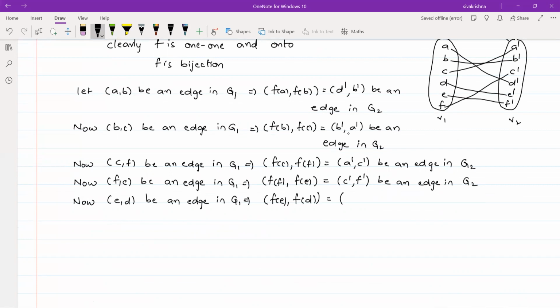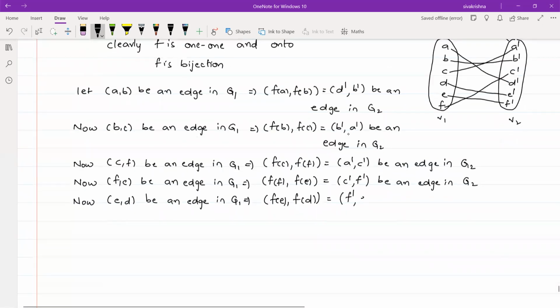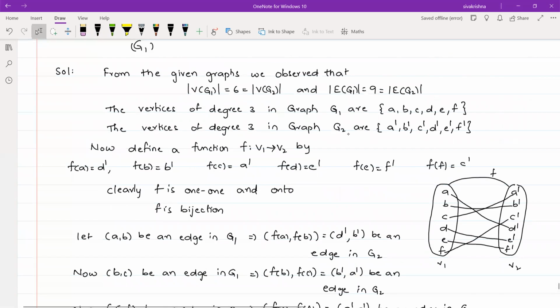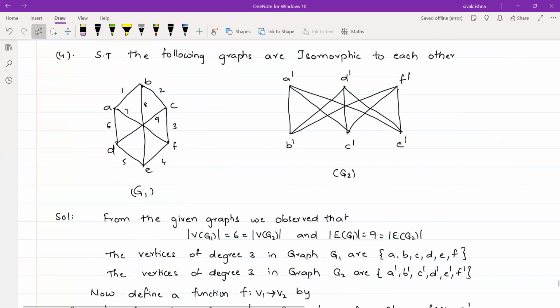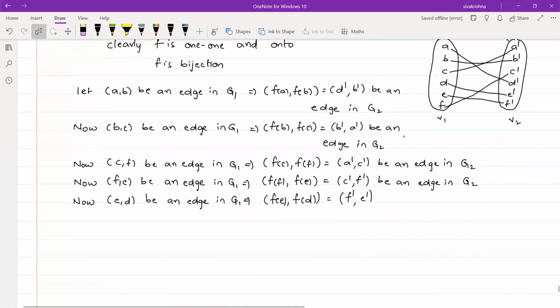So f of E is nothing but F dash, and f of D I defined as E dash. We have to check whether there is an edge between E dash and F dash in graph 2. Yes, we have an edge between E dash and F dash in graph 2. It means E dash comma F dash is an edge in graph 2. So we have checked 5 edges and still have 4 more edges.